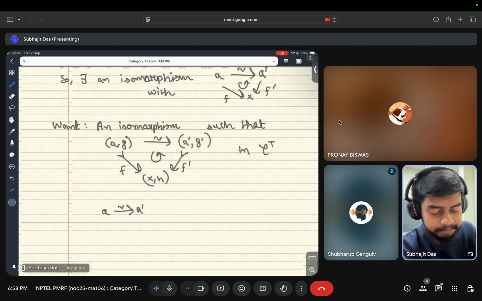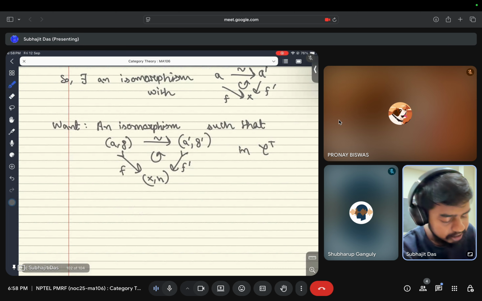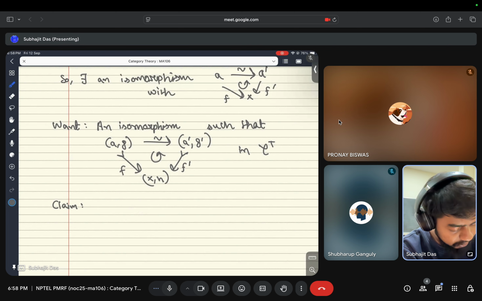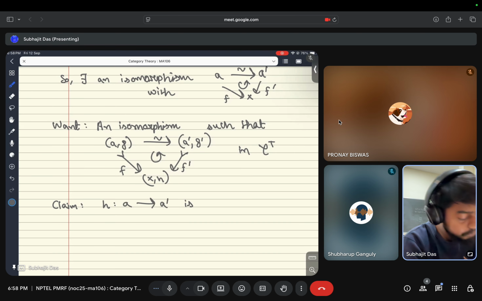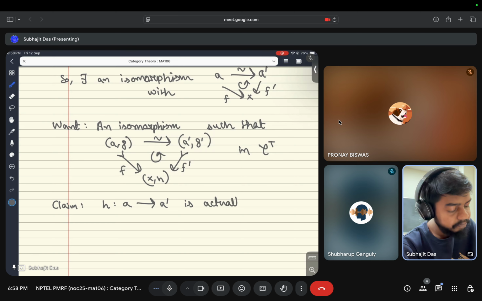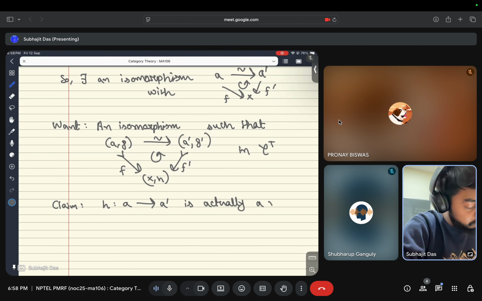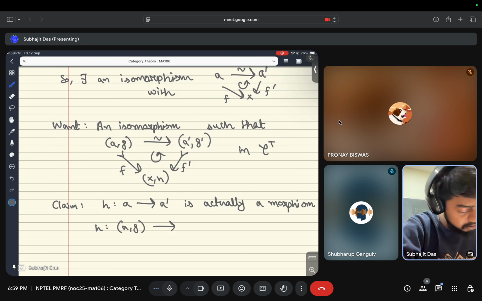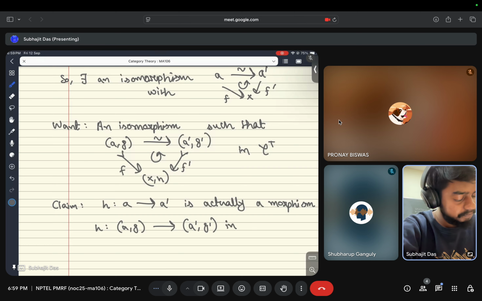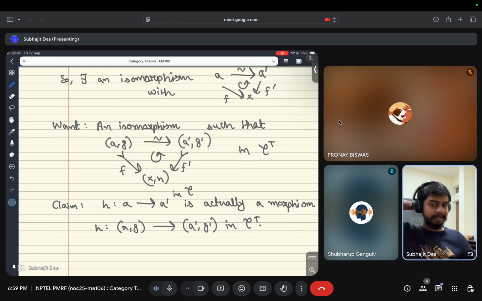H. So what we claim, or what should the claim right now be, is H from A comma G, or this is a bad notation again, H from A to A prime is actually a morphism H from A comma G to A prime comma G prime in CT. This is in C. This is what the claim should be, right?